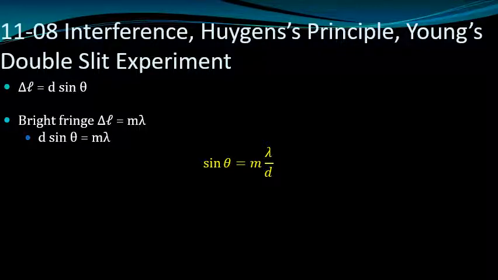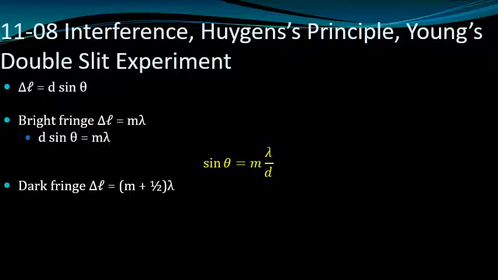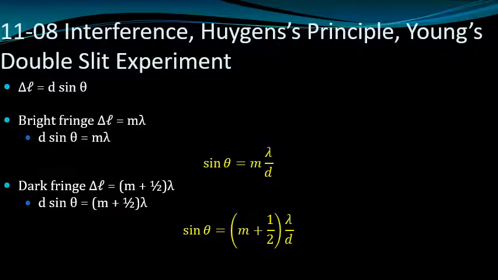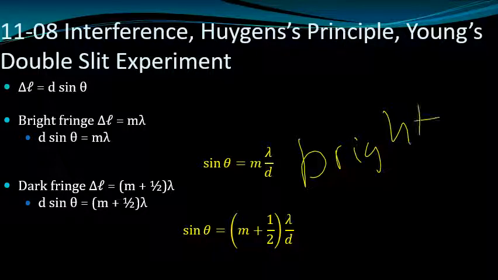So if we substitute that and solve, sine theta equals m, which is some integer, times wavelength over d. d is the distance between the slits. And for the dark fringes, the difference is we're adding a half to the m. So remember, this is bright and this is dark.